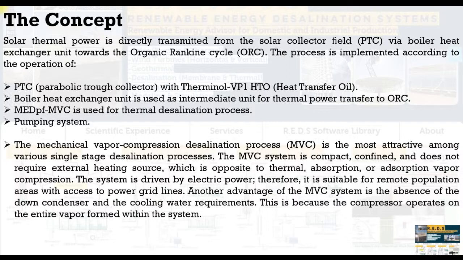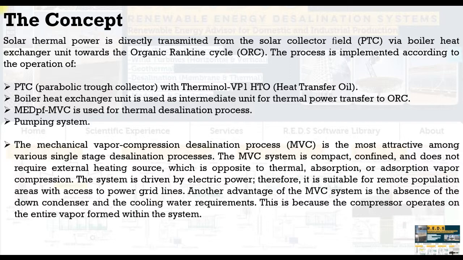MED with mechanical vapor compression is used for the thermal desalination processes. The turbine unit is going to deliver its power to the mechanical vapor compression and pumping system. The mechanical vapor compression desalination process is the most attractive among various single-stage desalination processes.